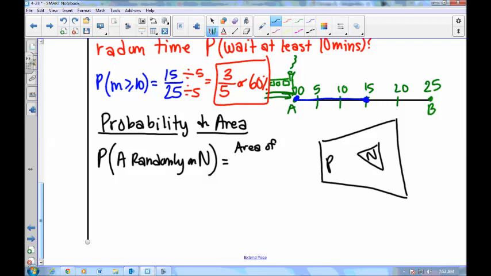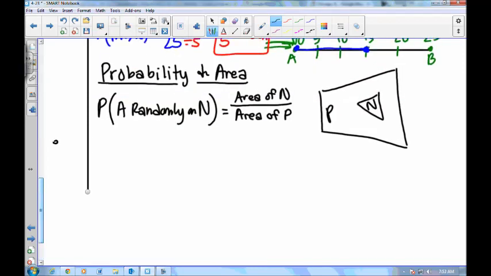What's the partial shape? No, A is a point randomly going to be placed on what? N. Area of N divided by, what's the total? Area of P. Good. Okay? So it's the same idea.